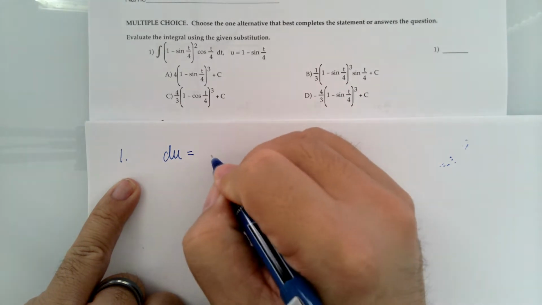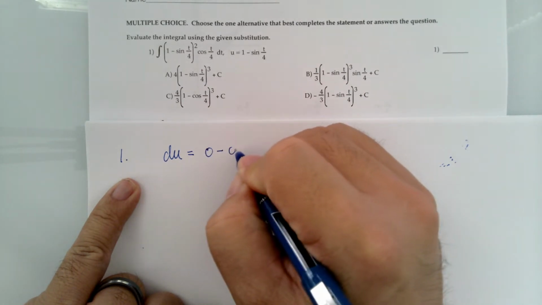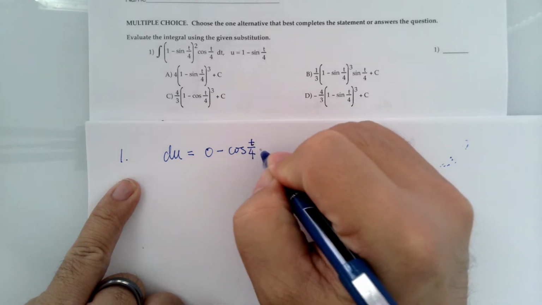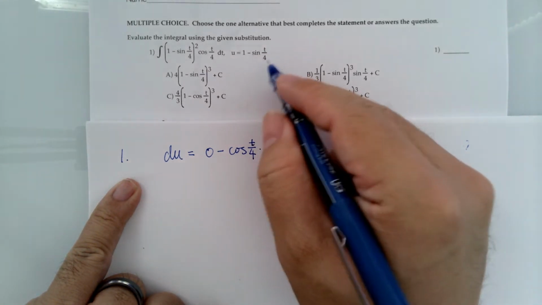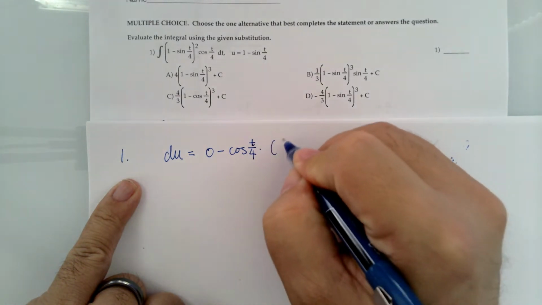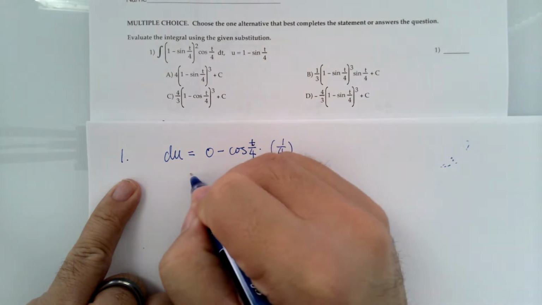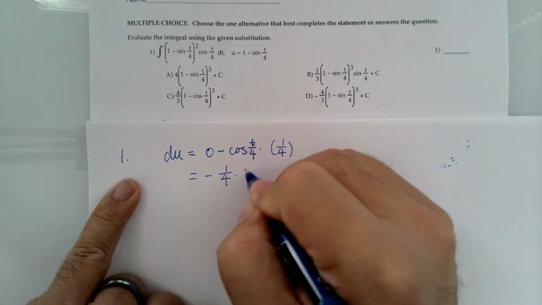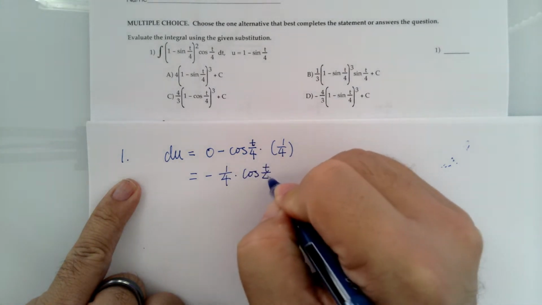It's going to be 0 minus cosine of t over 4, and then don't forget to multiply by the derivative of the inside, which is going to give us a 1 over 4. So in other words, du equals negative 1 over 4 times cosine of t over 4.